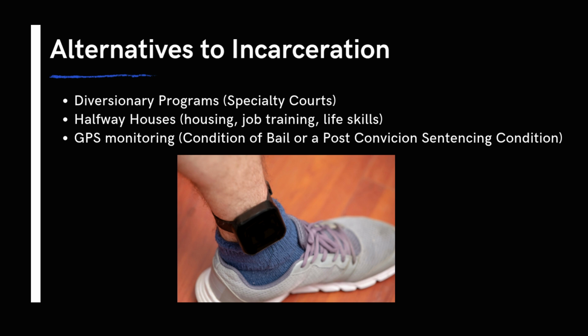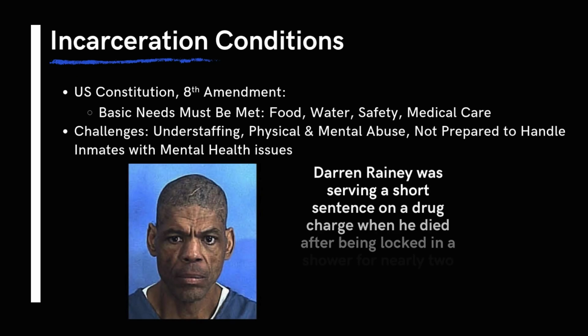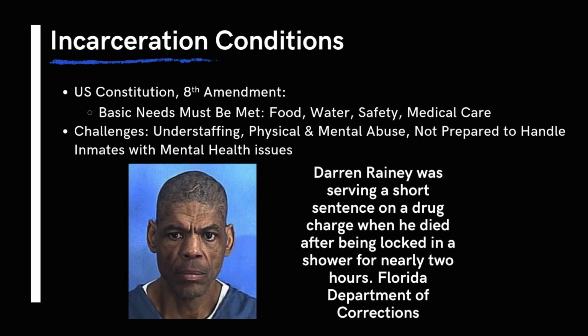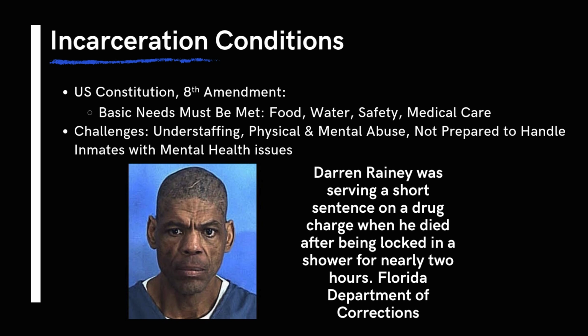Well, let's talk about incarceration. If an offender is incarcerated, then we need to make sure the offender's basic needs are being met. As we mentioned in the last module, this principle is legally rooted in the Eighth Amendment of the U.S. Constitution. The Eighth Amendment reads, "Excessive bail shall not be required, nor excessive fines imposed, nor cruel and unusual punishments inflicted."